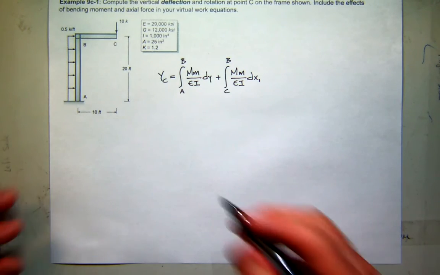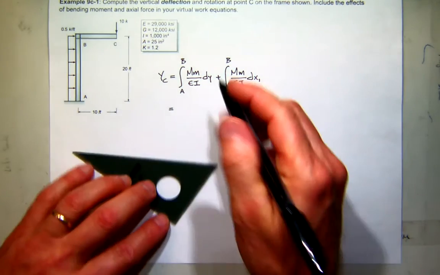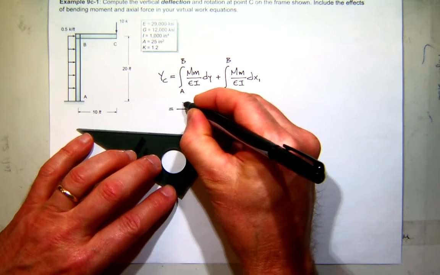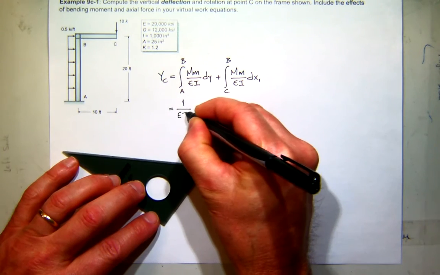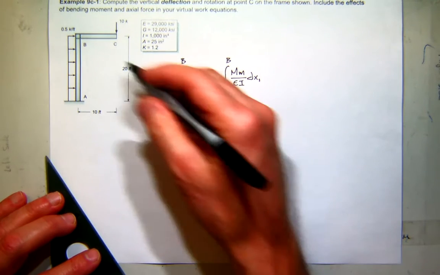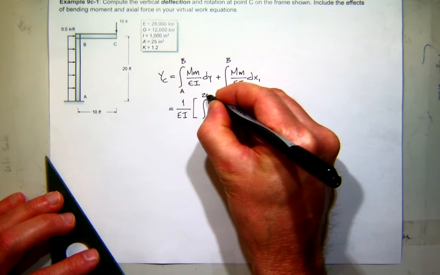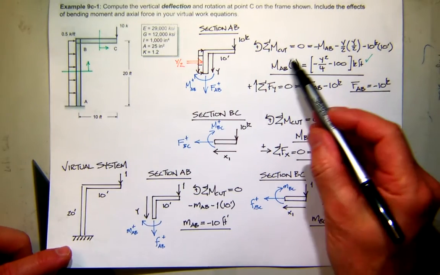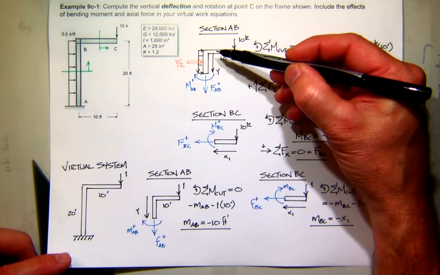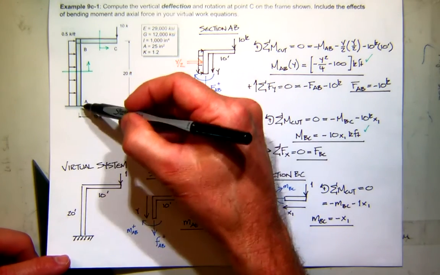So we're just going to fill in the bits and pieces here for that. E and I are constants, so I'll factor those out. And in the first one, the distance from A to B is 20, so the actual integral is going to be from 0 to 20. So let's recall that this is my real moment. Again, we're measuring y from the top down, so it's going to go from 0 to 20.